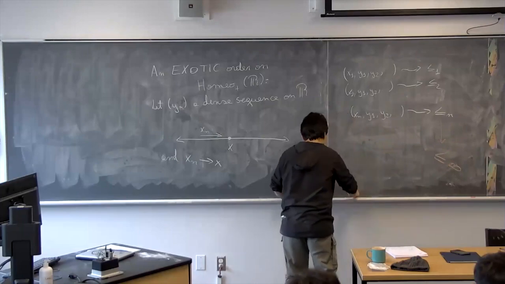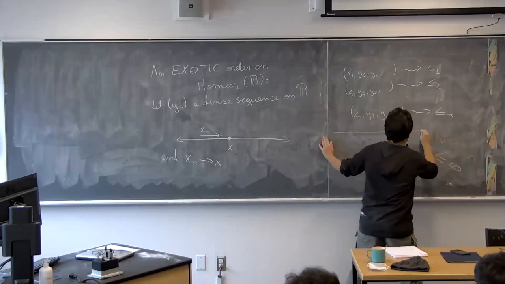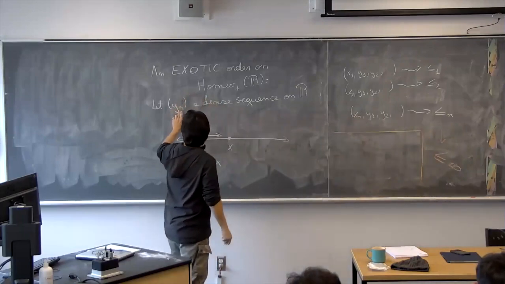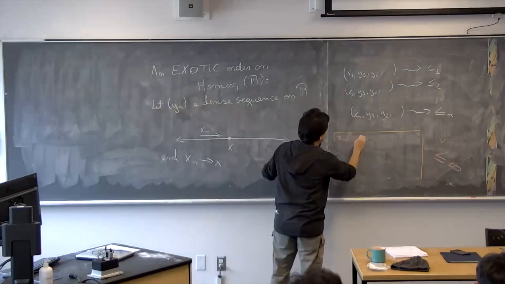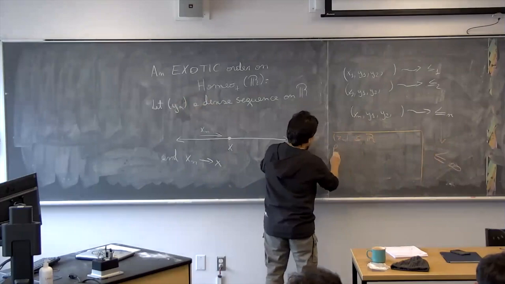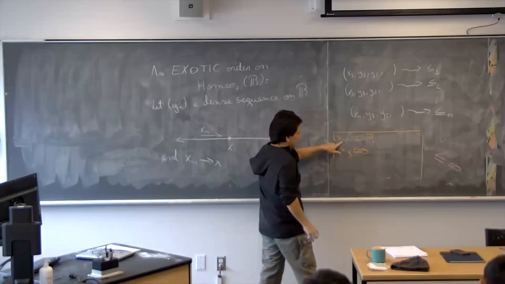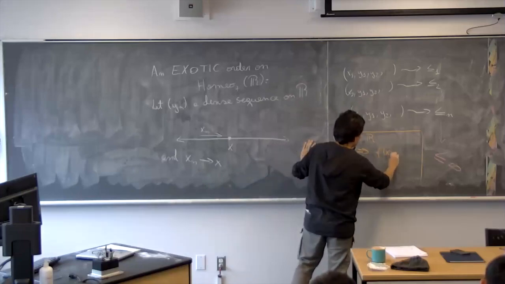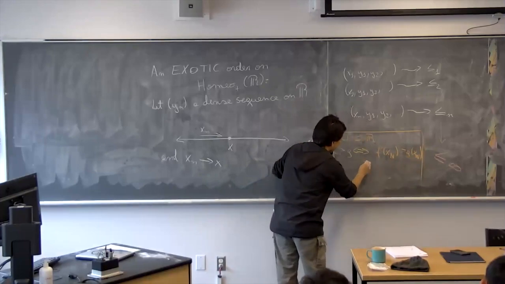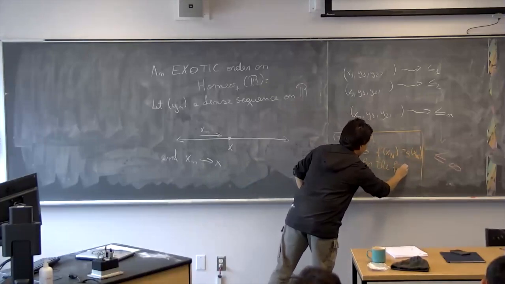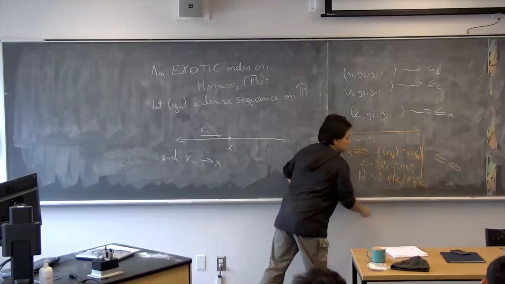Yeah. So if you take a sequence of numbers in the reals, you look at the first index n such that they are different, and you declare the order by that.